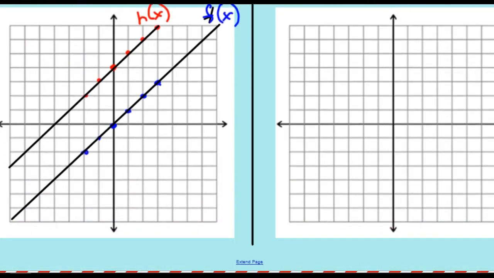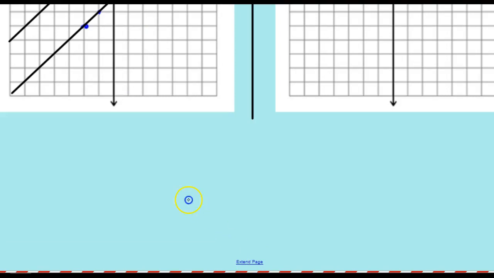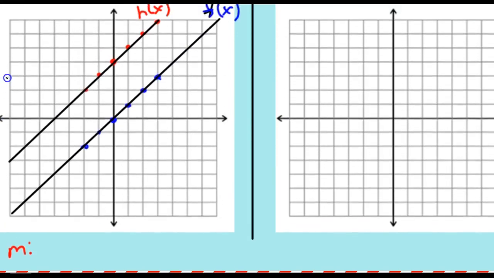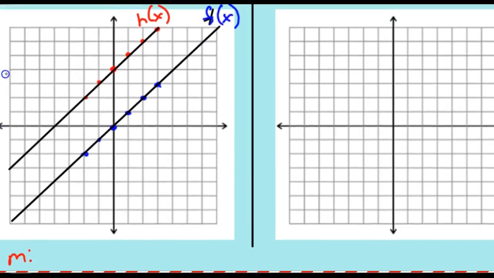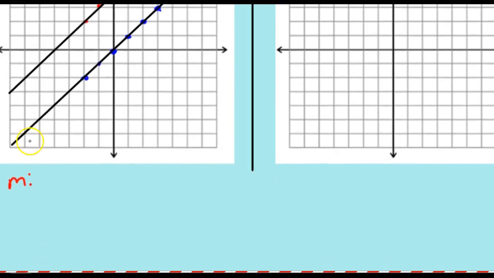So now we have to compare these. So we have to compare the slopes and the y-intercepts. So if I'm comparing the m, I gotta look to see if it's the same or different. Well, they're both going up by 1, so I know that I have the same slope. Or another way to say that is parallel. Now we gotta look at the b. We gotta look if they're the same or different.